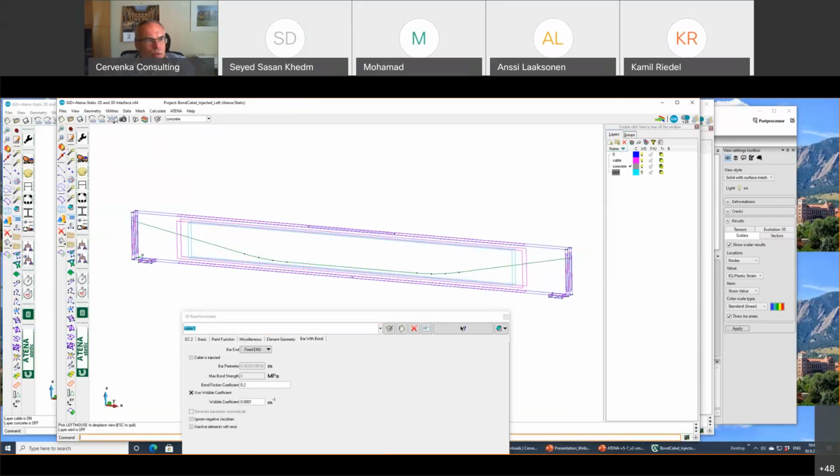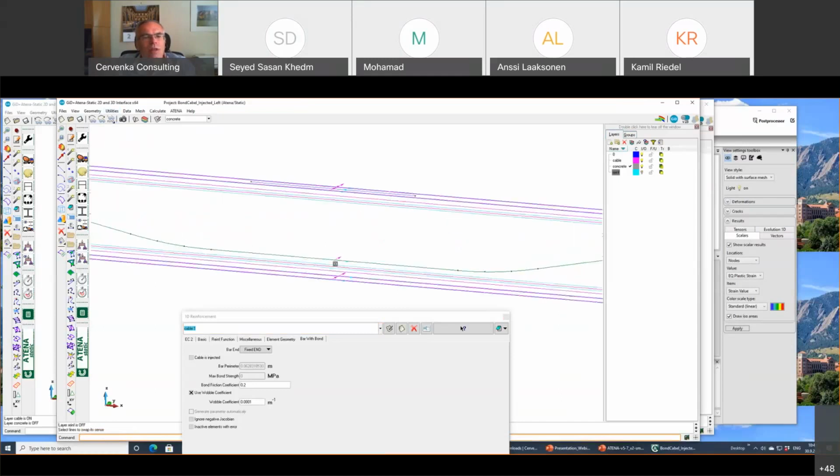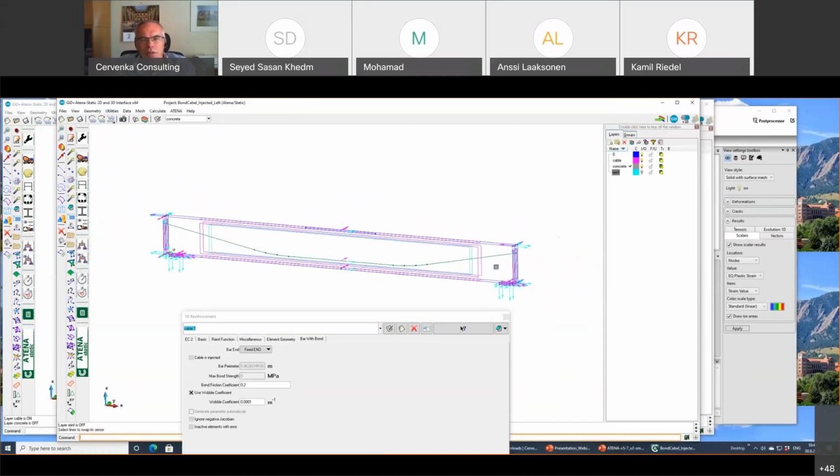We do this by clicking the utility, swap normals, lines, and we can click this. Now we see that this line is defined in this direction by this little blue arrow. So that means this is the end and this is the beginning. So we are fixing this cable at this end, and we will be pre-stressing from this side.